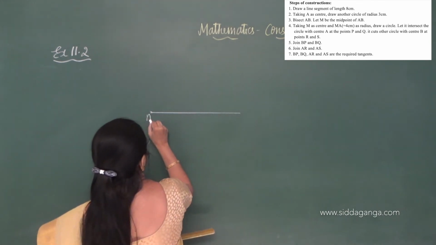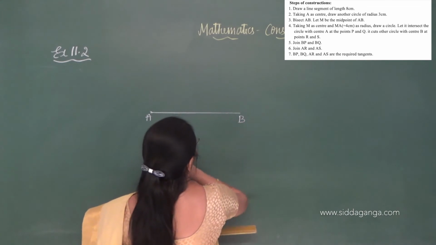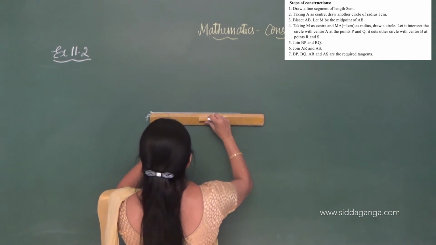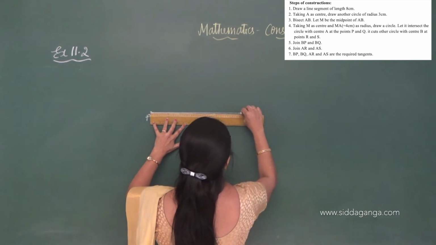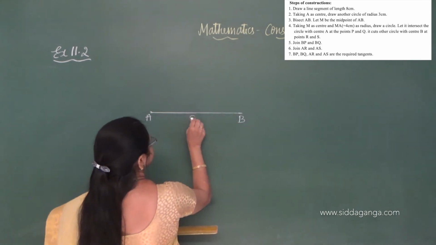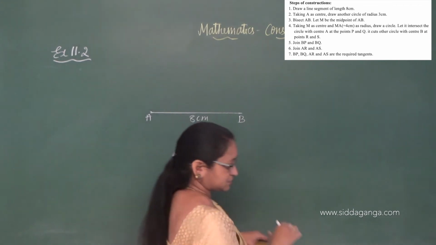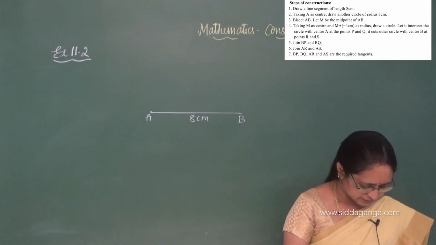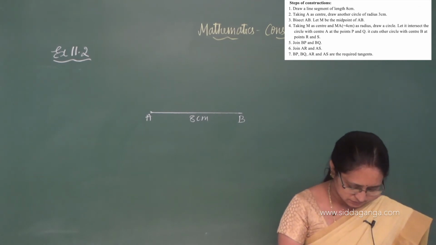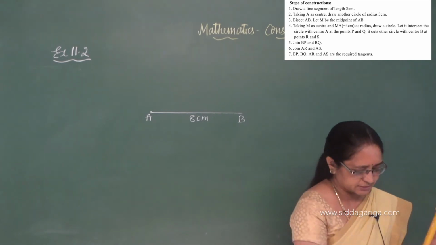So this is AB with 8 centimeter. Fine. Next, with A as center and 4 centimeter as radius, you have to draw a circle.